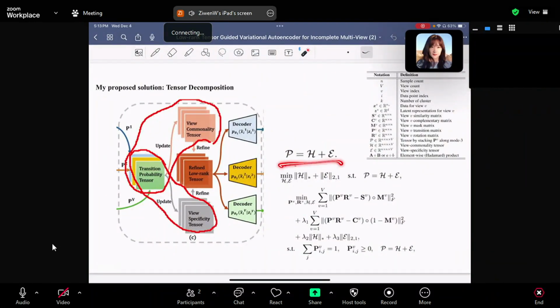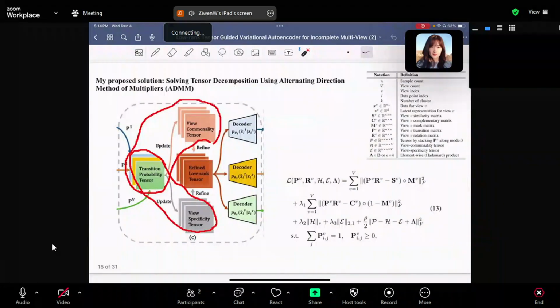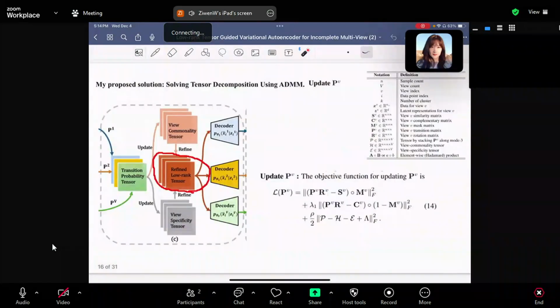We decompose that into an addition of commonality and specificity, and the tensor decomposition technique is used with the alternating direction method of multipliers, and we iterate through these.